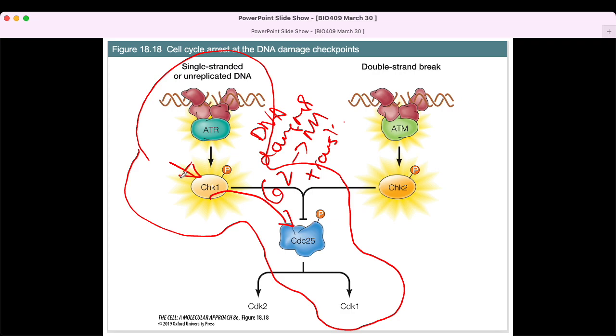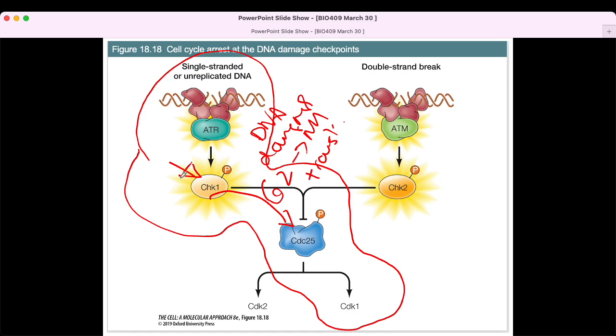Then Hannah and then Brooklyn have questions. So, you know how right before CDC25, it indicates that it's getting inhibited with the horizontal line, but then right after it has that arrow pointing towards CDK, does that mean it's, you know what I'm talking about?